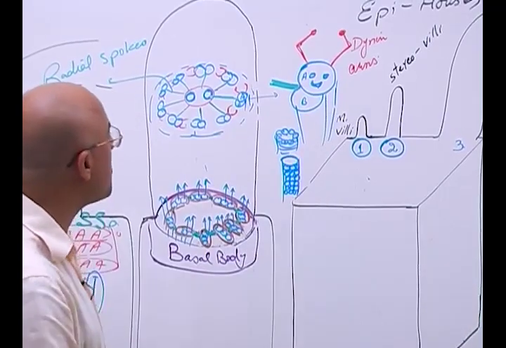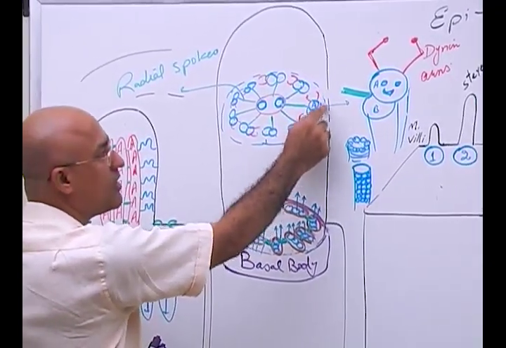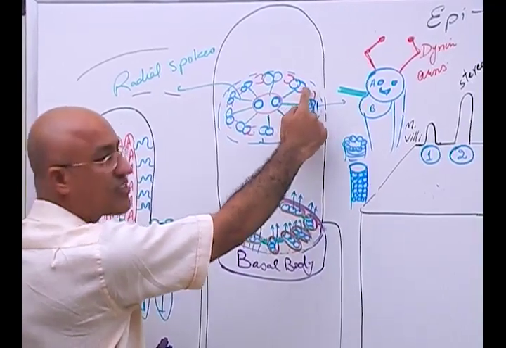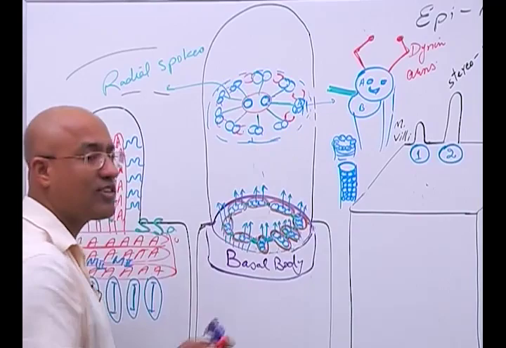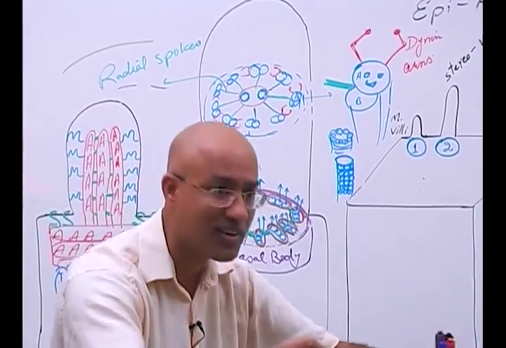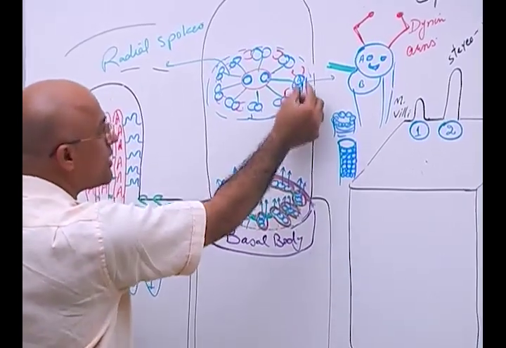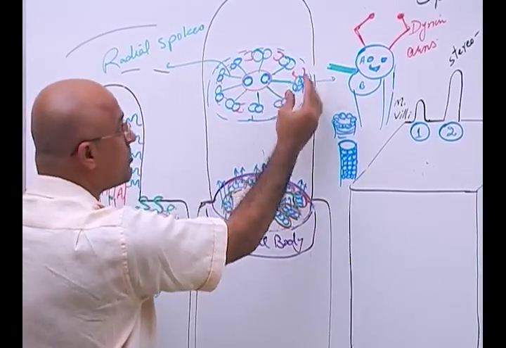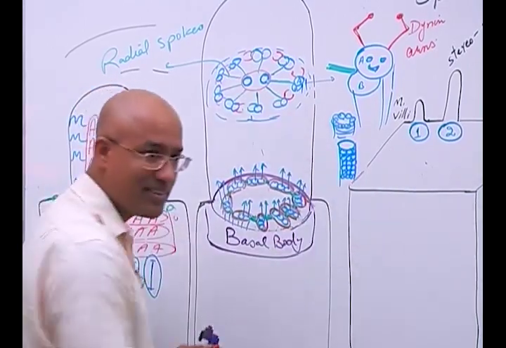When a dynein arm becomes active, the dynein arm of one doublet will stick to the next doublet. In this way the dynein arms act as molecular motors: multiple dynein arms of one doublet will hold the next, and that helps the cilium to bend.